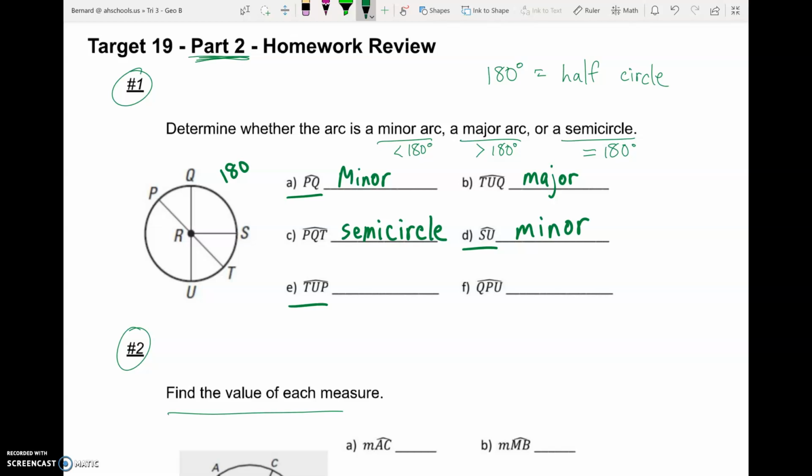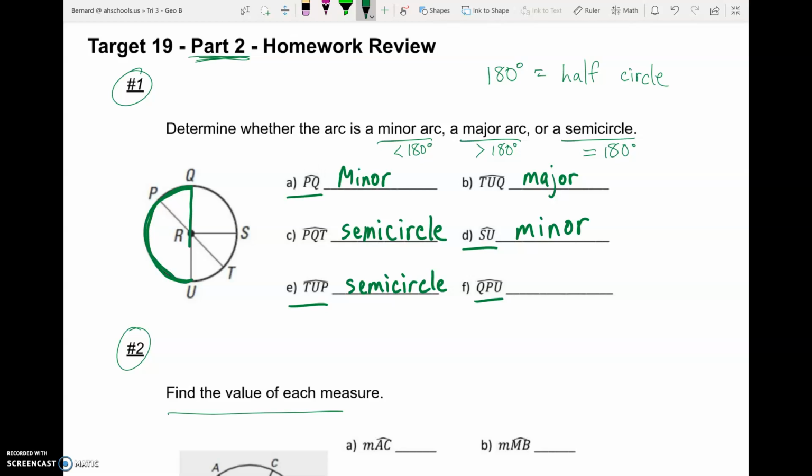So let's go to TUP now. So from T to U to P. Again, that connects the endpoints of this diameter, cutting our circle in half, meaning this has to be a semicircle because half our circle equals 180. And then the last one, QPU. So from Q to P to U. Once again, that's going to be a semicircle.